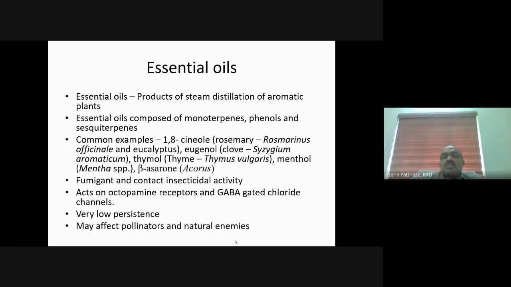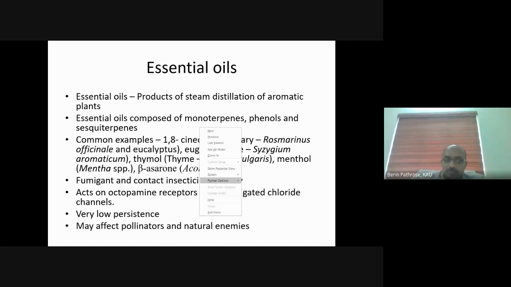Most of the essential oils contain chemicals such as 1,8-cineole. This 1,8-cineole is mainly present in the essential oil of rosemary, Rosmarinus officinalis, and in eucalyptus. That means in eucalyptus oil, the major chemical present is 1,8-cineole.